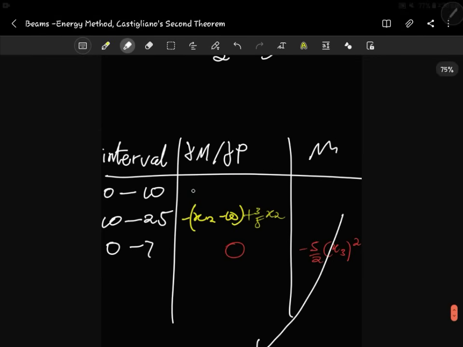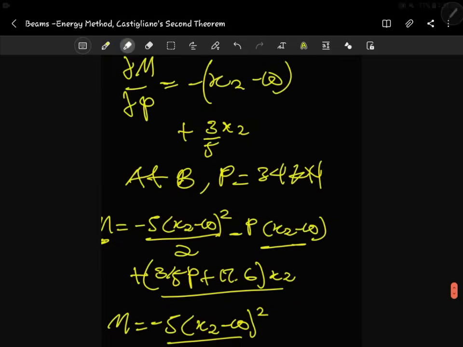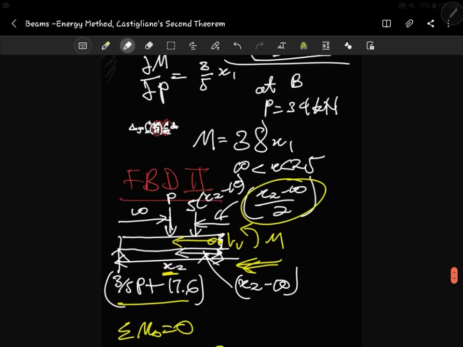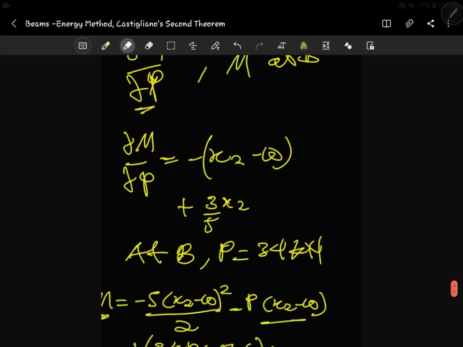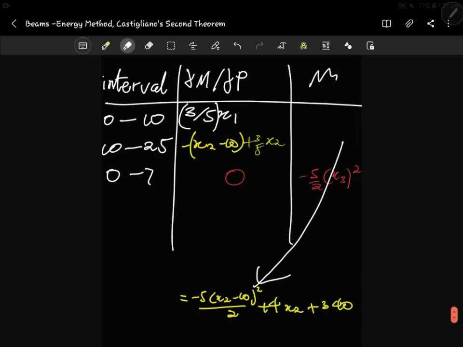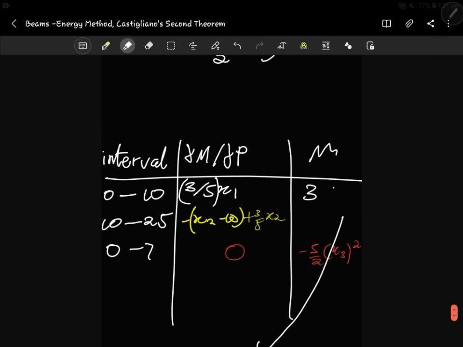So here's this one, right? And then what about m for the free body diagram 1? The m is 38 x1, right? So we have everything we need.